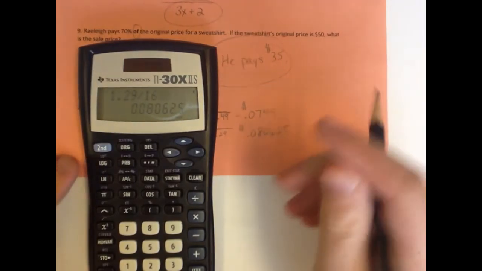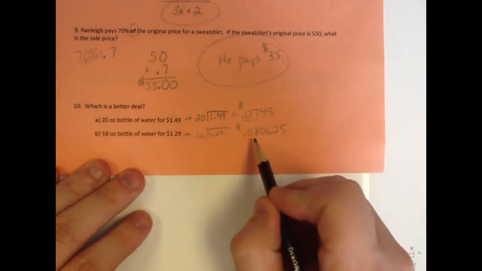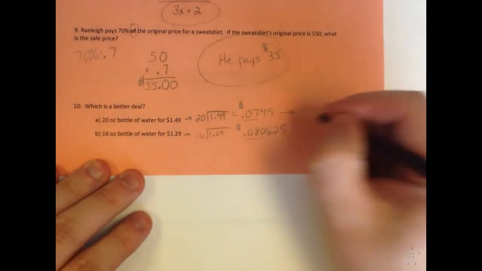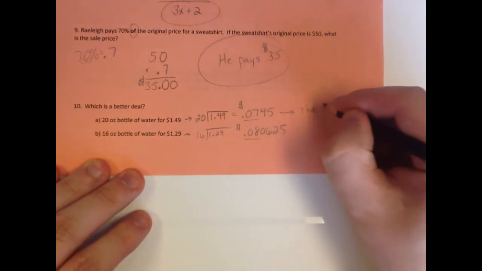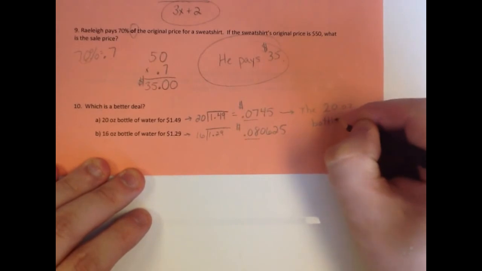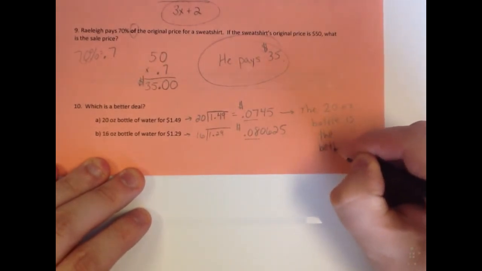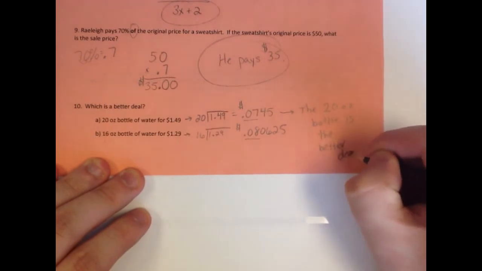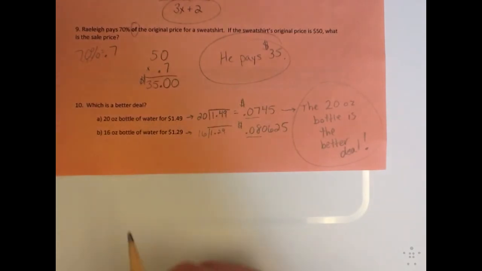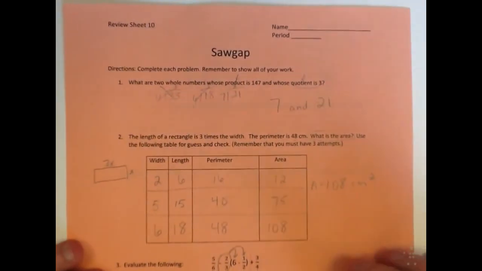Now we look at those two. 7 cents is cheaper than 8 cents. So therefore, the better deal is the 20 ounce. Exclamation point, because we are done. That was review number 10.